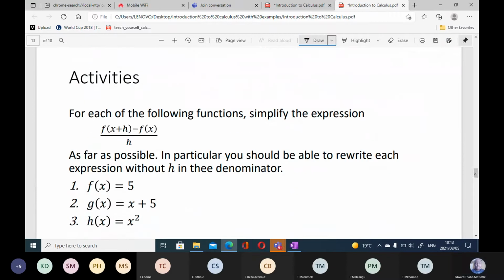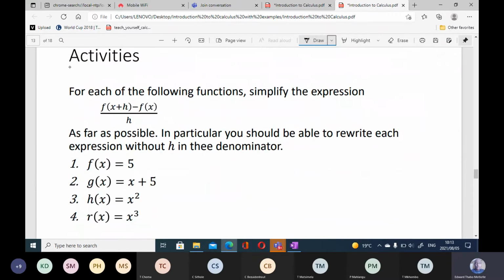Okay. Now, these activities are important. Here, this is called what? Quotient difference. This formula here, they ask us to determine that. But if you look at it closely, it basically prepares you for the first principle.